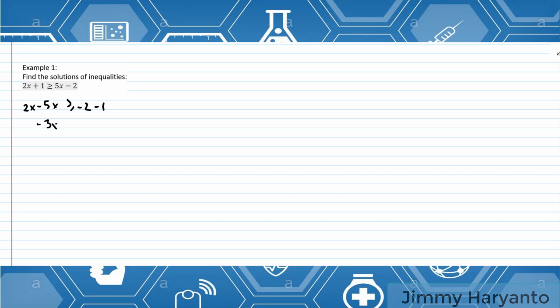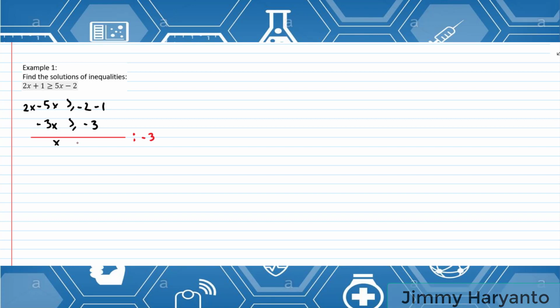So we have negative 3x greater than or equal to negative 3. We have to divide all of this by negative 3 to make it x, so we eliminate this negative 3 by dividing by negative 3.